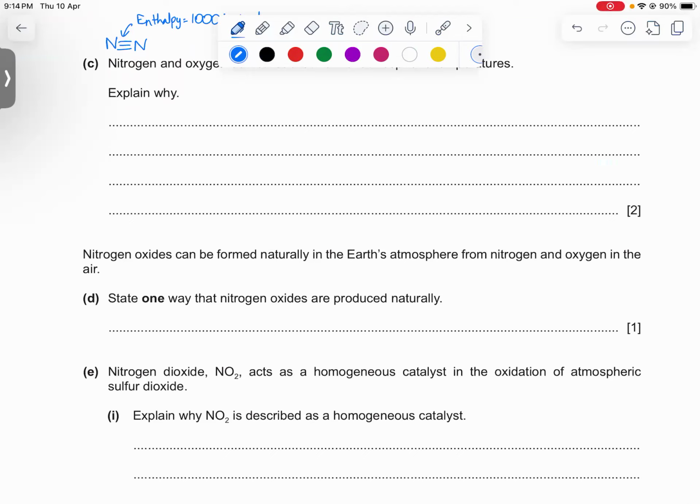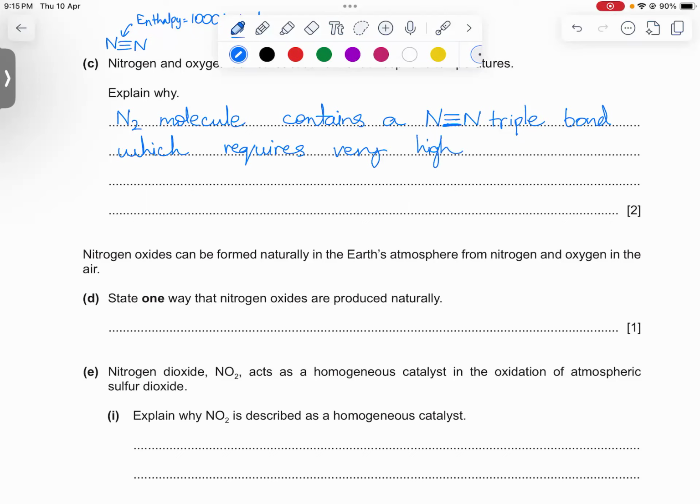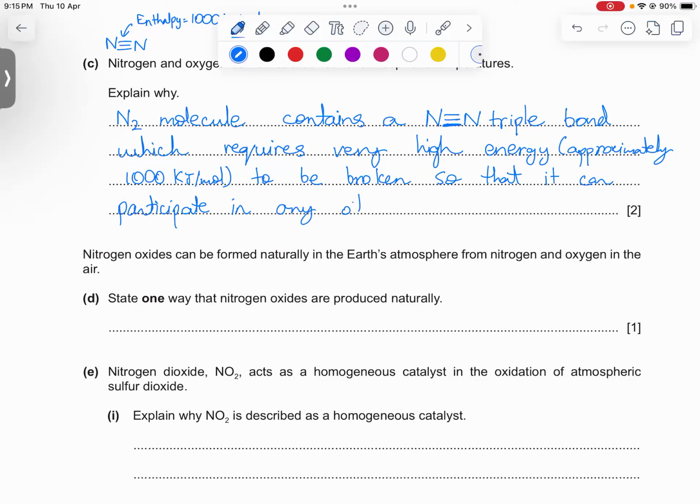So we are going to say that the N2 molecule contains a nitrogen-nitrogen triple bond which requires very high energy, and in brackets you can even mention, if you remember, approximately 1,000 kilojoules per mole, to be broken so that it can participate in any other reaction.